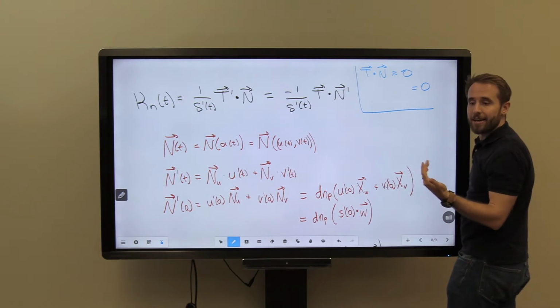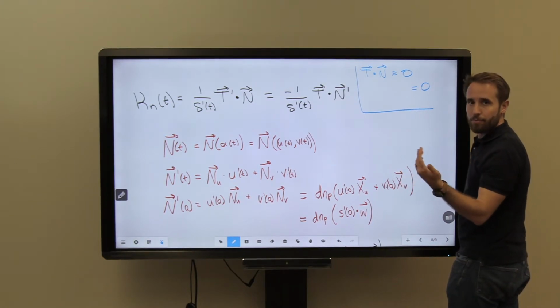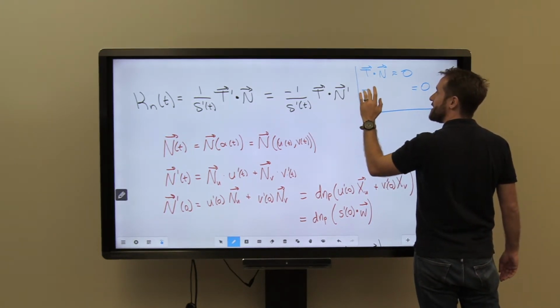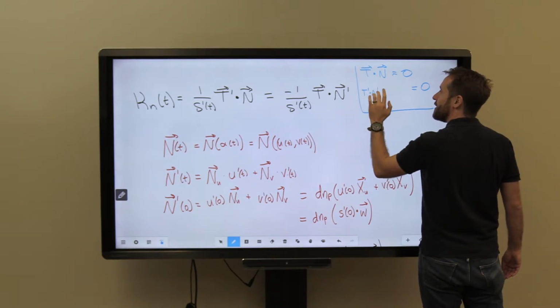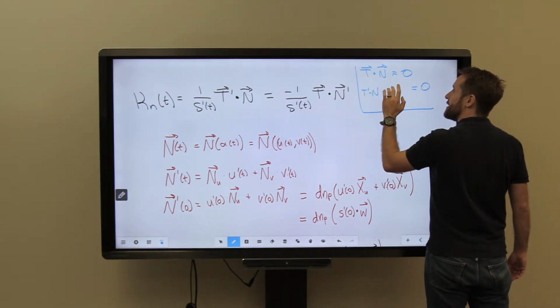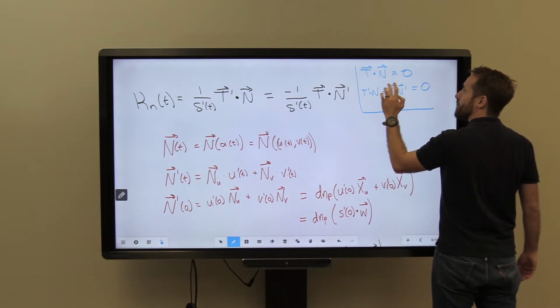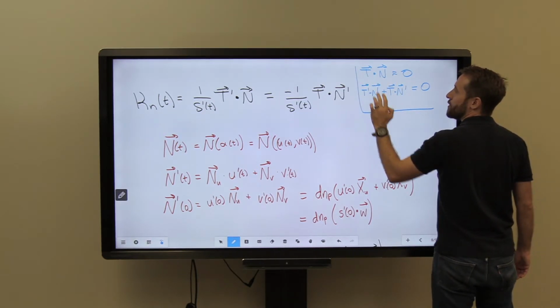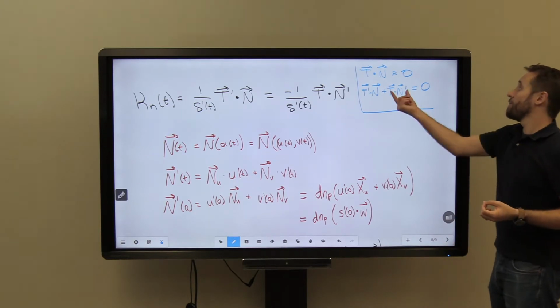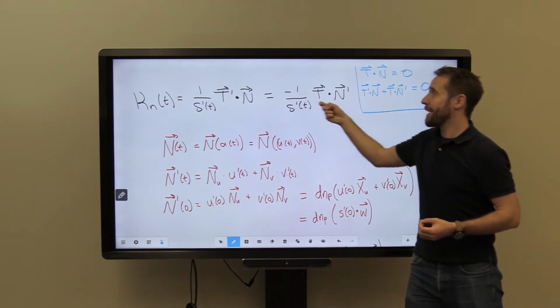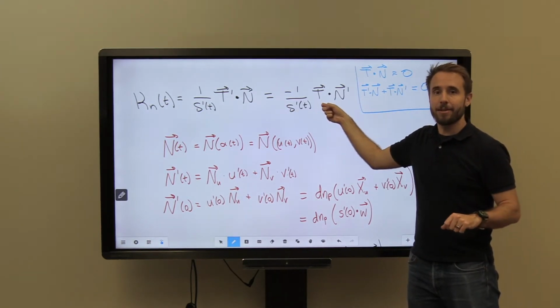The left-hand side has a product rule attached with it, so that's T prime dot N plus T dot N prime, right? And so those two expressions added together will equal 0. We just move one to the other side, and we get this identity here.